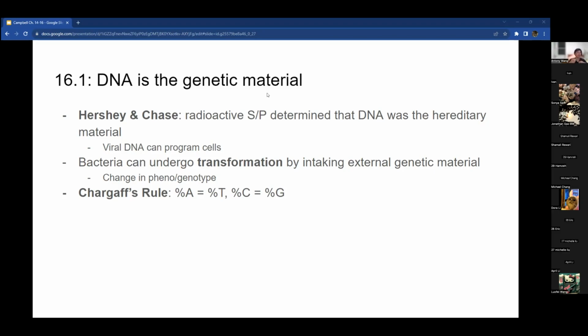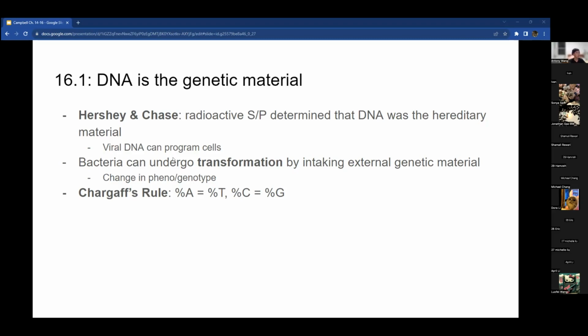If proteins were the hereditary material, then the radioactive sulfur would be present in future generations. And they found that DNA, because radioactive phosphorus was found in offspring, is the hereditary material.